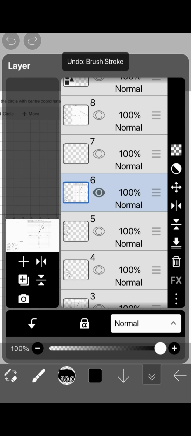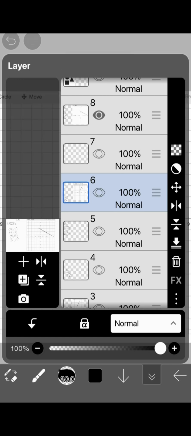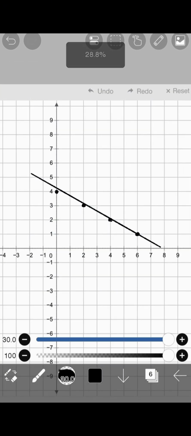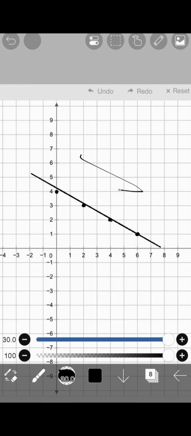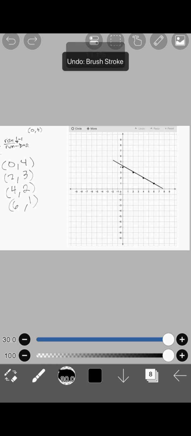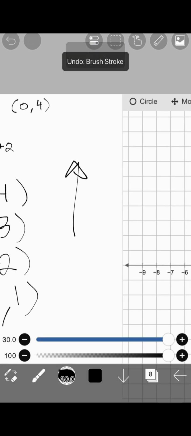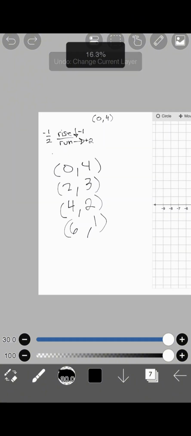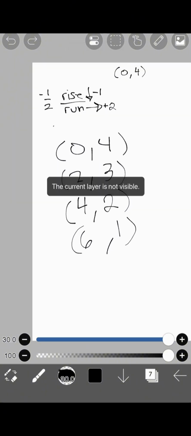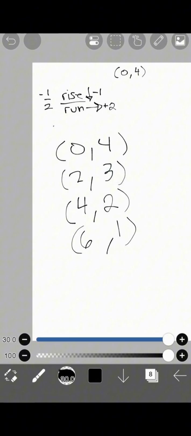So always remember that when we talk about negative or positive slope, a negative slope will go down, whereas a positive slope goes up. Now we look here again at this.